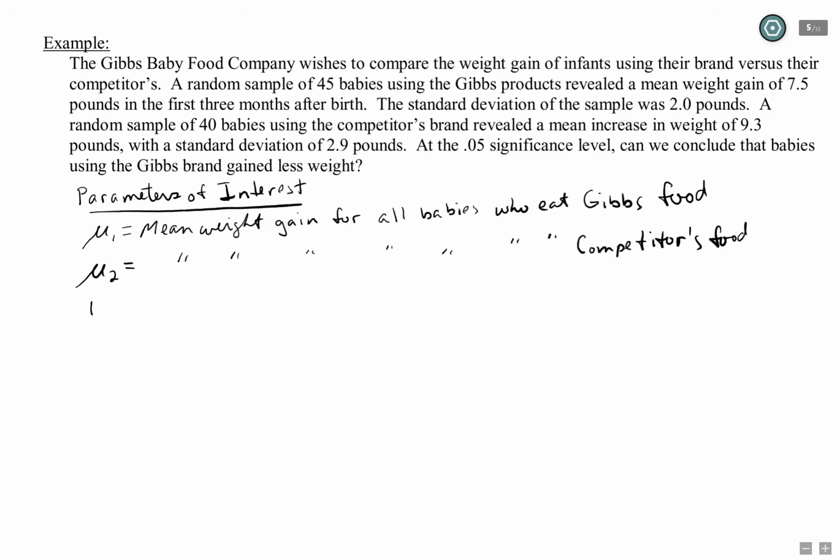And so here we want to perform inference on mu1 minus mu2, because if we know something about mu1 minus mu2, then that can tell us how mu1 and mu2 compare. That is, if mu1 is bigger than mu2, we would expect the difference to be positive. If mu1 was less than mu2, we would expect the difference would have to be negative.